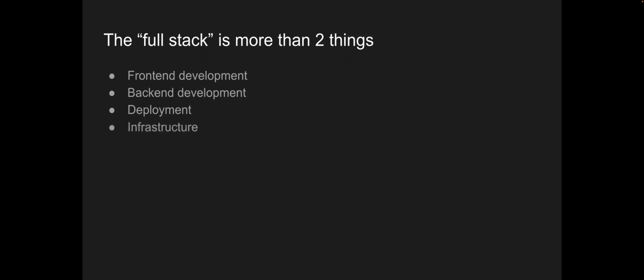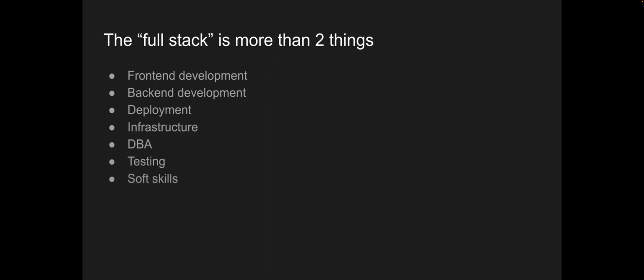A lot of times, your more senior developers will definitely be involved in these things. You might even be an accidental DBA, right? If you're creating database models and you're trying to investigate why your queries are so slow and all that sort of thing, you are an accidental DBA. And that may or may not be what you think of when you think of full stack, but it certainly can be part of the job description. Then, of course, there's testing, whether that be automated testing or even sometimes manual exploratory testing.